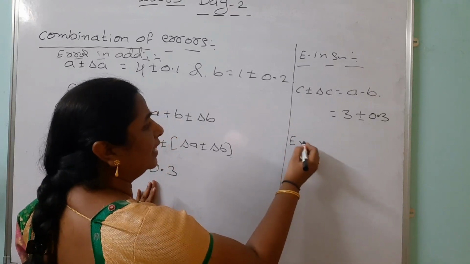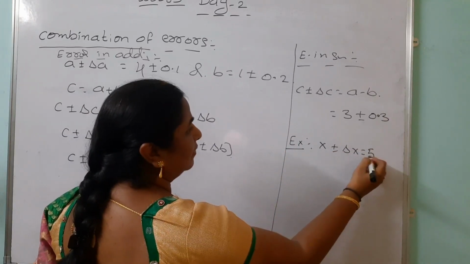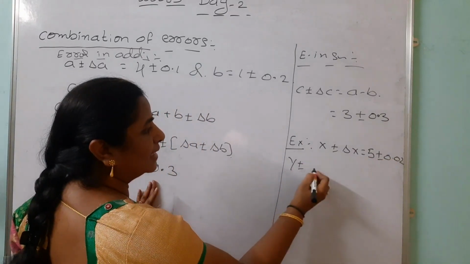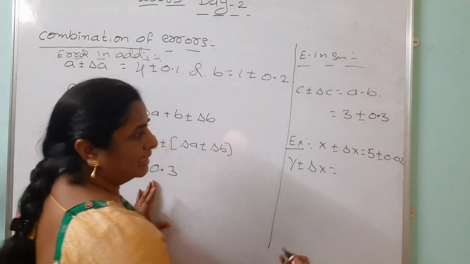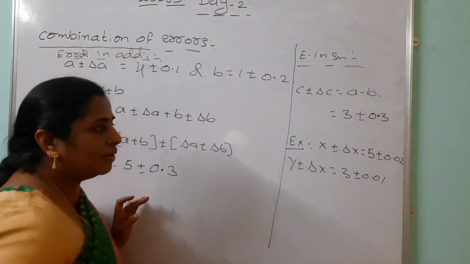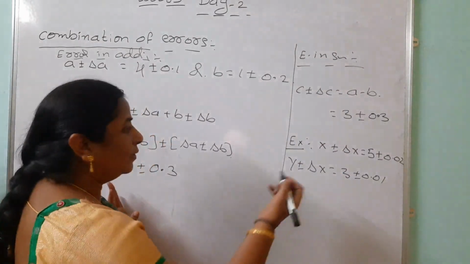One more example. X plus or minus delta x is 5 plus or minus 0.02. Then y plus or minus delta y is 3 plus or minus 0.01. Find addition and subtraction including the error.